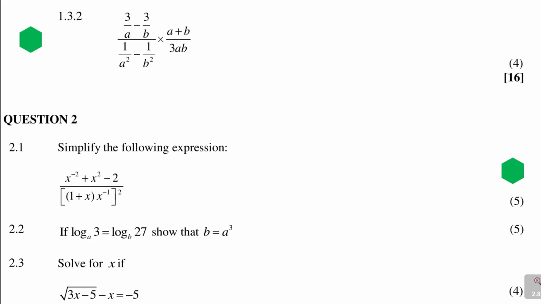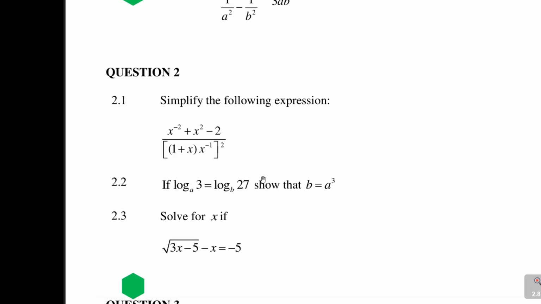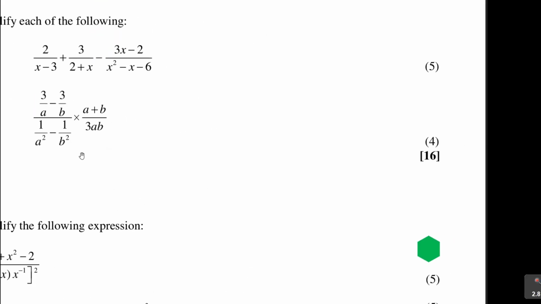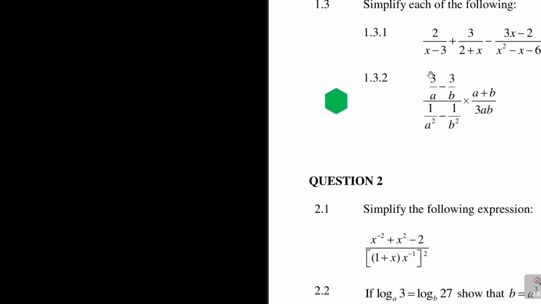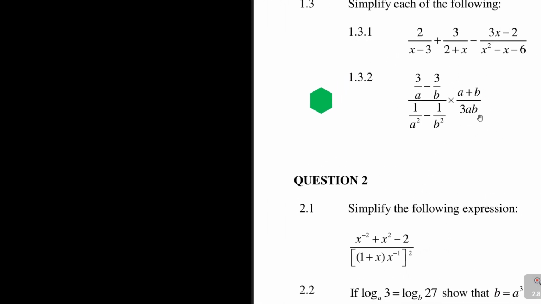Okay, so let me not waste time there. Let's continue. 4 marks, question 1.3.2. I think on looking at this one, it was something that they wanted to confuse you. Honestly, it's been some time since they brought this question, so it was actually interesting when I saw it in the end. It's been some time they brought something like this.